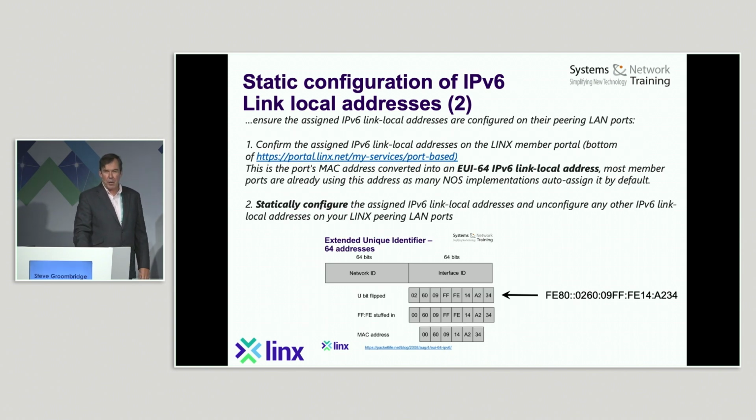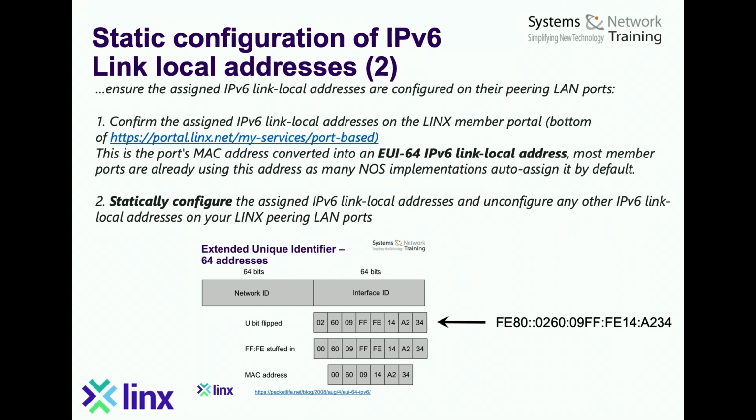If you're technical, you may want to look at, I think there's an error on this slide. So it's not in the original context, but in this context, if you're technical, I think there's an error on this EUI-64 addresses slide, which is in the middle. Again, that's taken from one of our courses. But very basically, what you're meant to be doing as members of LON 01 is statically configuring your IP version 6 link local address, which means you need to know what it is.